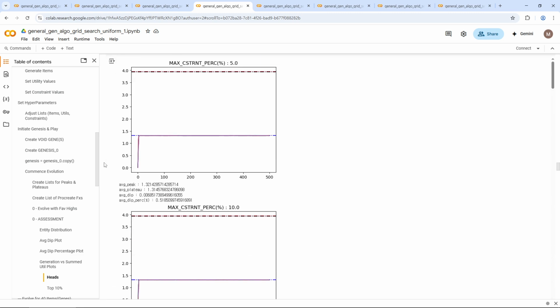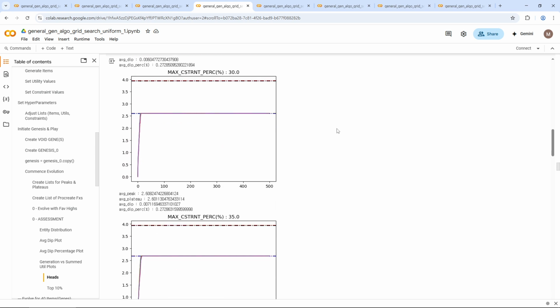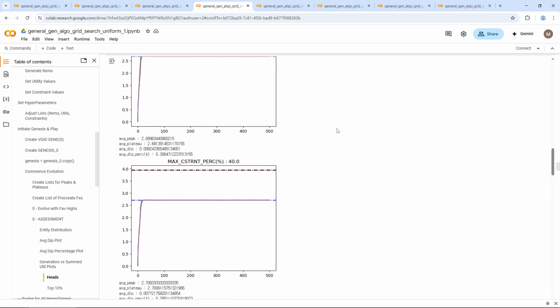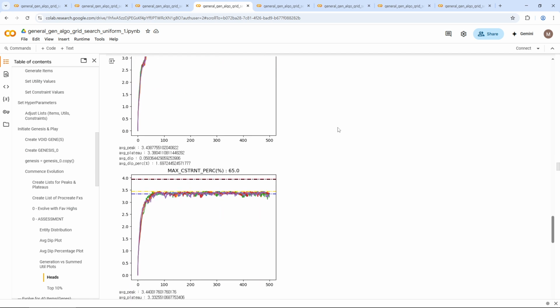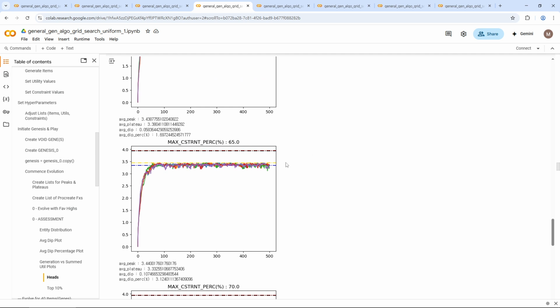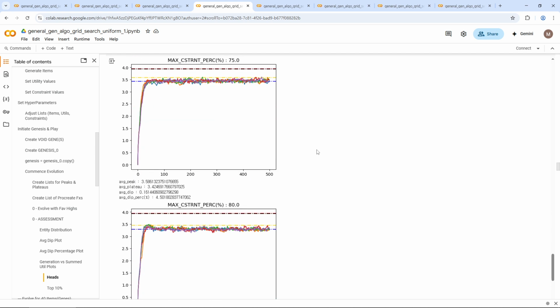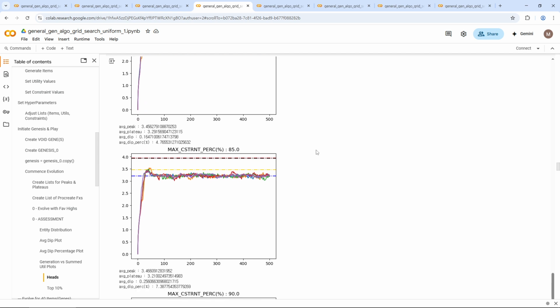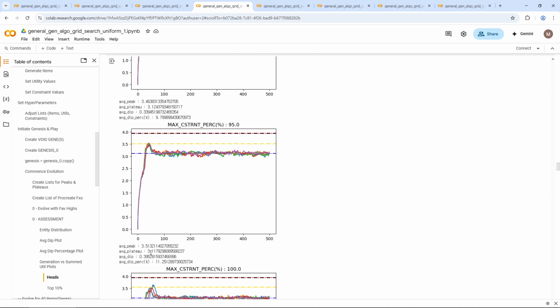Plots for the top 10%. Now we get some oscillations and peaks and plateaus. Now the average plateau level going down.